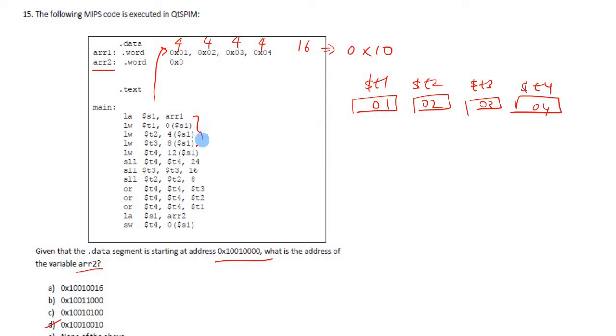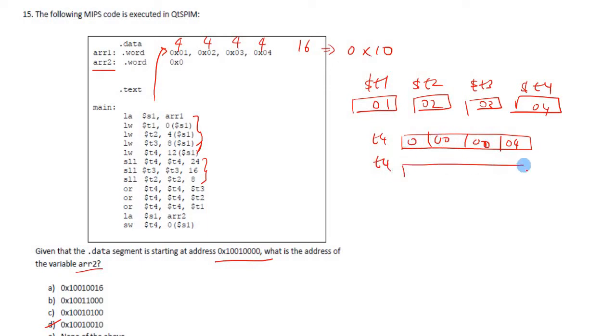So that is the first four instructions here. And then these three instructions, what do they do? Shift left. I'm just going to show you for one, the rest you can see for yourself. T4 has a value of 4, so the upper bits are all 0. After I shift left by 24, T4 has a value of 04 over here.